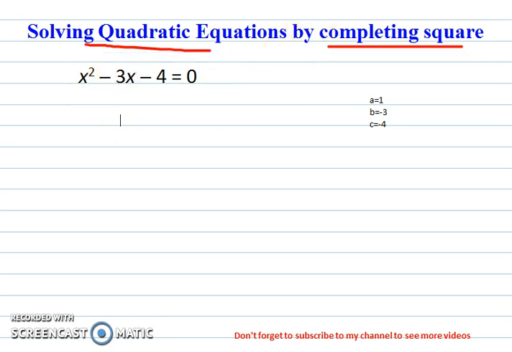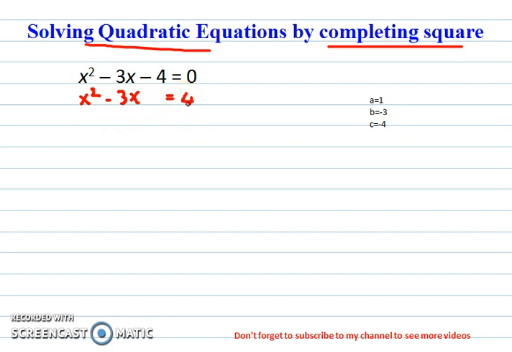So we can rewrite the equation as x squared minus 3x equals 4. So we move the constant term 4 to the other side, so we add 4 to both sides. So we now have x squared minus 3x equals 4.